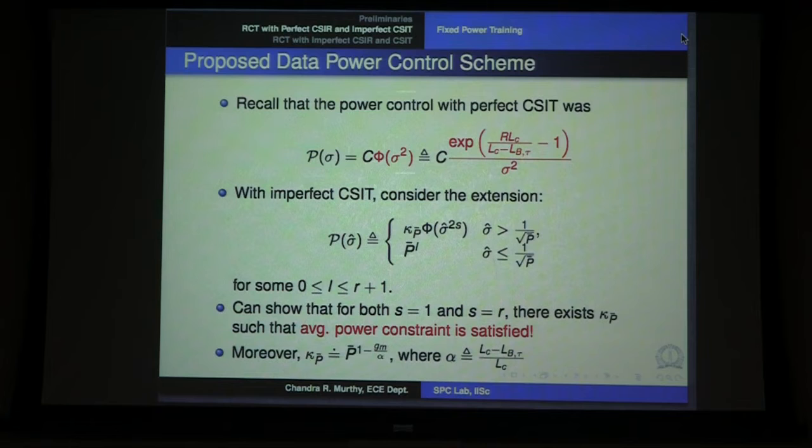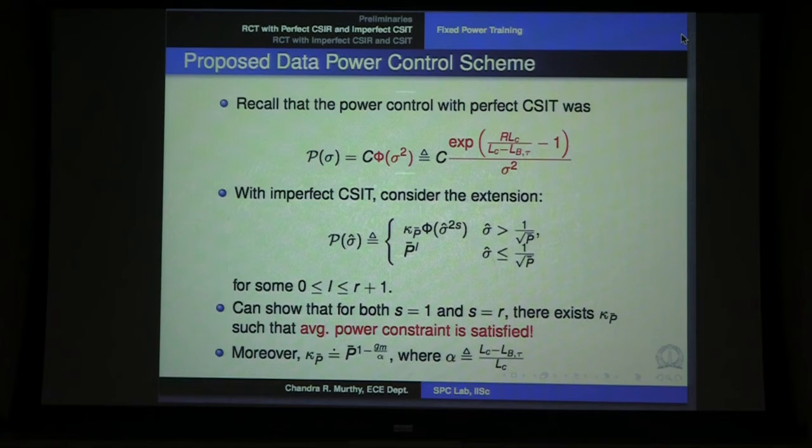These kinds of choices are partly motivated by achieving a better DMT performance, and partly by being able to carefully account for the different sources of outage and figure out their behavior as the transmit power goes to infinity. So this is analyzable and it gives good performance.